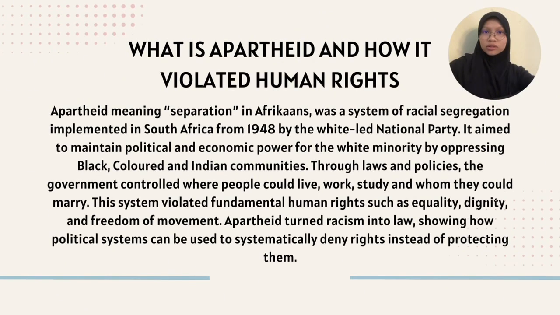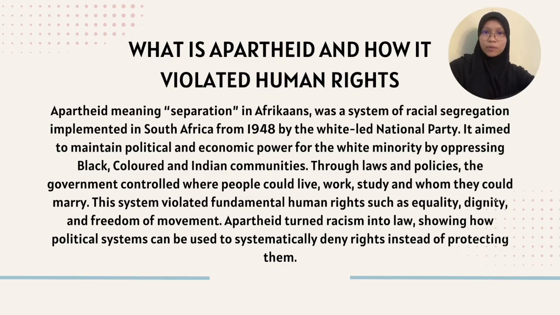Now let's take a closer look at what apartheid really was and how it violated human rights. The word apartheid means separation in Afrikaans, and it was a system of racial segregation officially implemented in South Africa starting in 1948. It was introduced by the White National Party, and its main goal was to maintain political and economic control for the white minority.